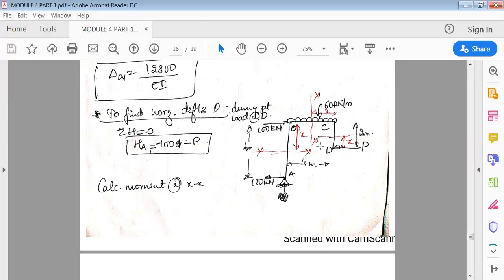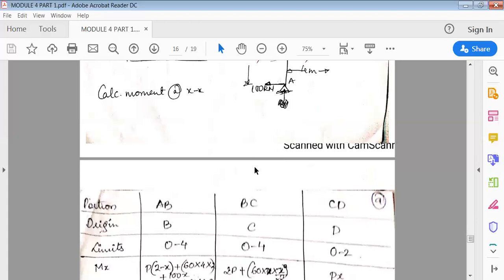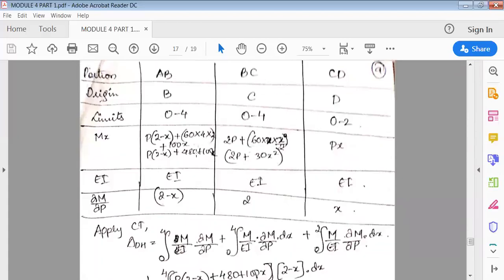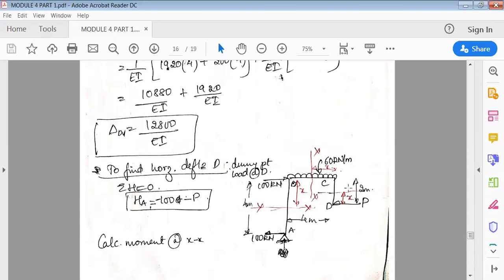So it is P into this distance. The total is 2, and from 2 you have to deduct x because x is greater and 2 is smaller. So P into (2 minus x). It's going clockwise, so plus.